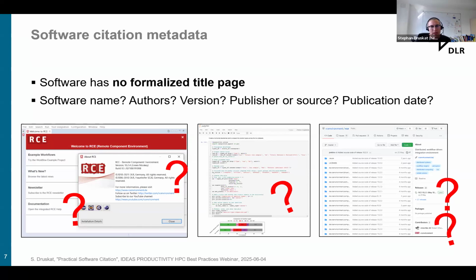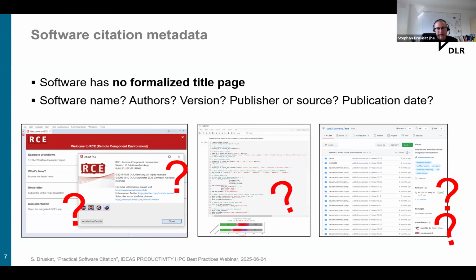We know very well how to cite papers because papers come with a title page, or at least a website, publisher website for the paper. And the title page or website always includes all the metadata that we need to cite the paper properly. Software doesn't usually have a title page, at least not in the formalized way that papers or books provide. Sometimes they have a README or other ways of providing some of these metadata.